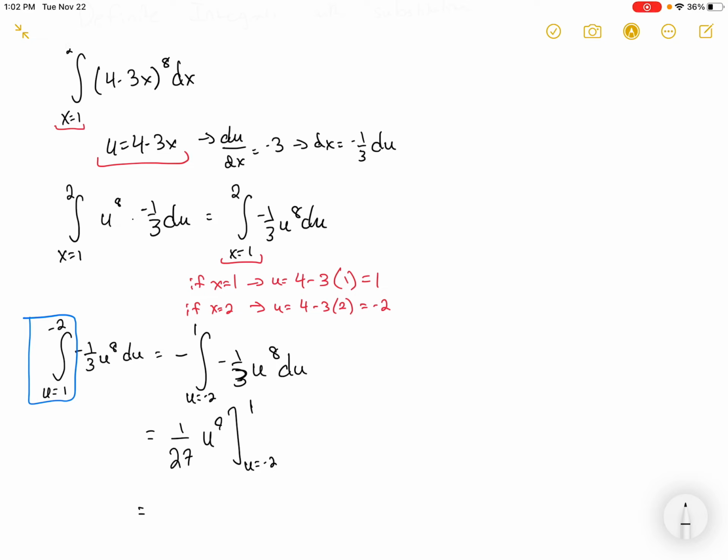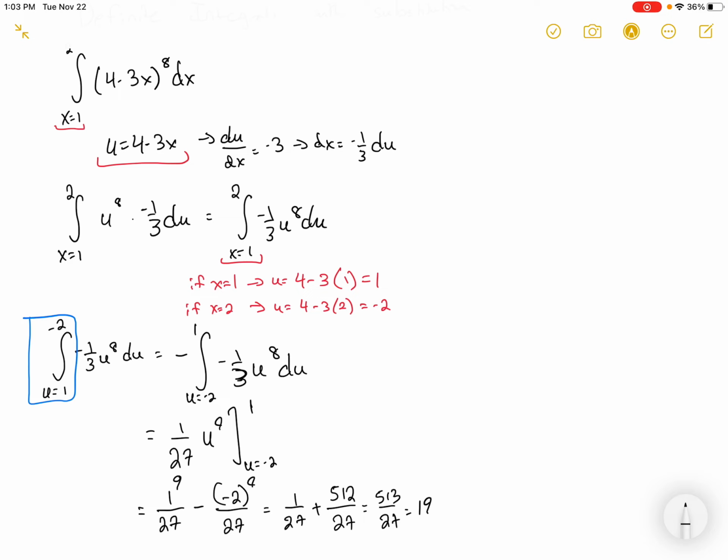That is 1 to the 9th over 27 minus negative 2 to the 9th over 27, which is 1 over 27 plus 512 over 27, because negative 2 to the ninth is negative 512. So this is 513 over 27, which I believe is 19. Yes, it looks like that's 19.